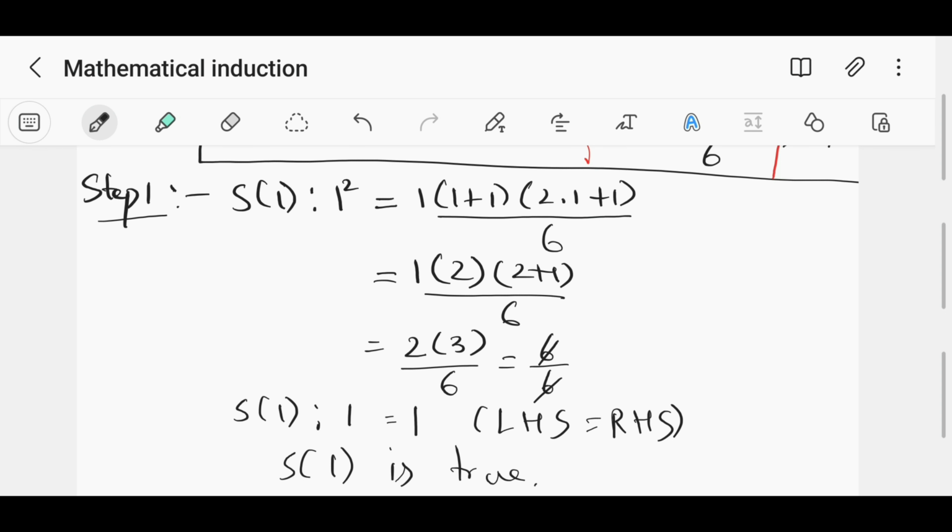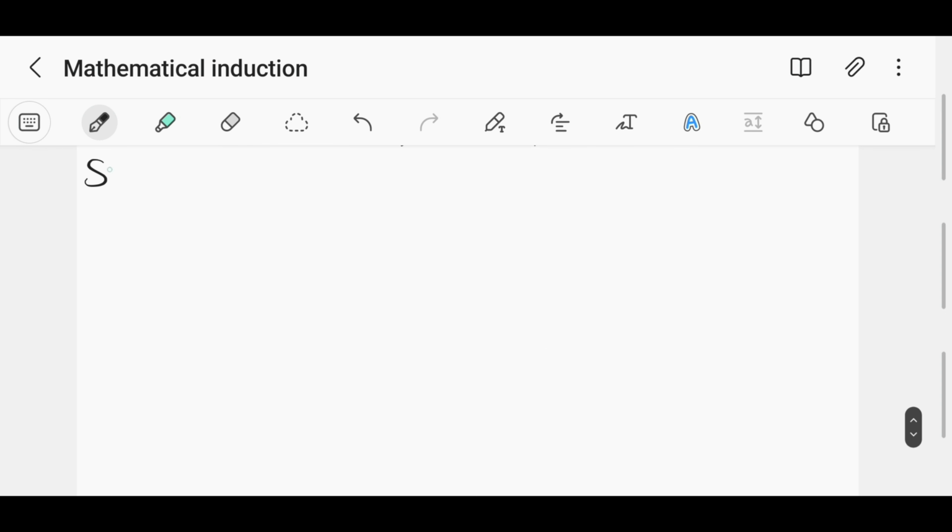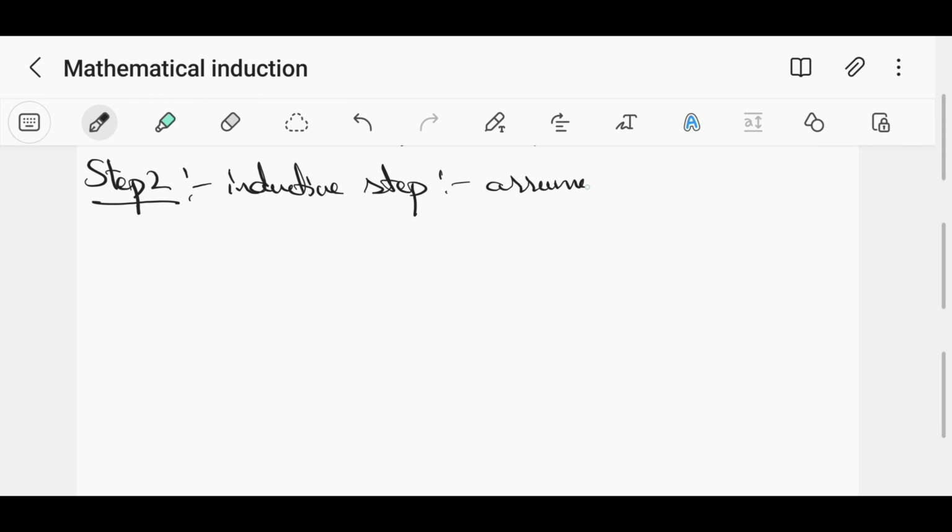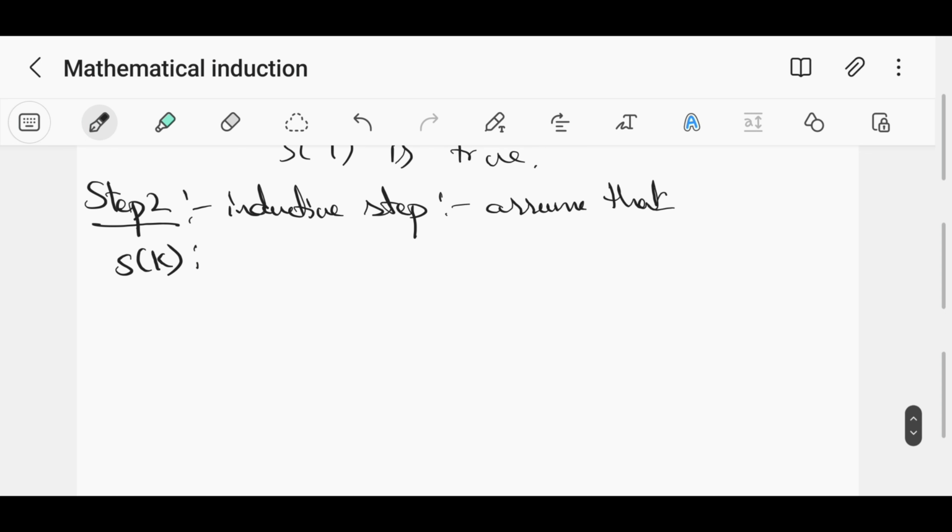Now step 2. What is our step 2? Step 2 is our inductive step. So in our inductive step, what do we do? We assume that S of k, that is in place of n, we are substituting k. That's all. So S of k, that is 1 square plus 2 square plus so on, plus instead of n square I am writing k square.